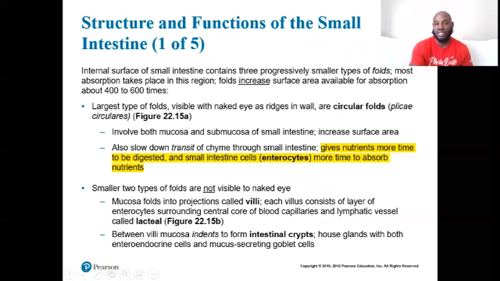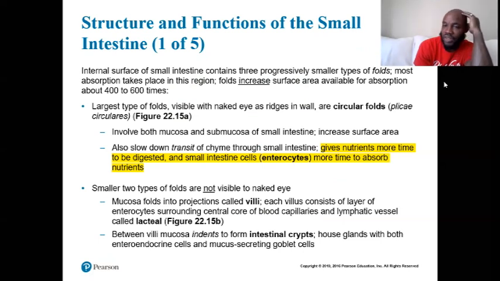Now let's get into the function of your small intestines. So internal surface of small intestines contains 3 progressively smaller types of folds. Remember these enterocytes, remember those. Most absorption takes place in this region, right? So intestines is where we have absorption.